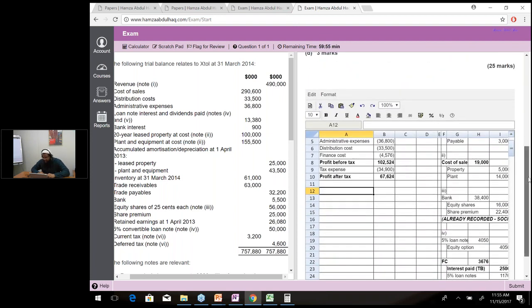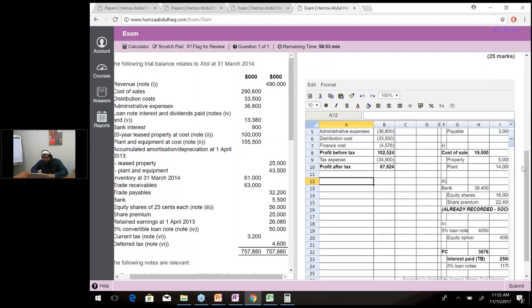Now the requirement B was to prepare the statement of change in equity, and requirement C is the financial position. So I'm starting from the financial position first. Statement of financial position. Non-current assets. This will include the property, plant, and equipment.